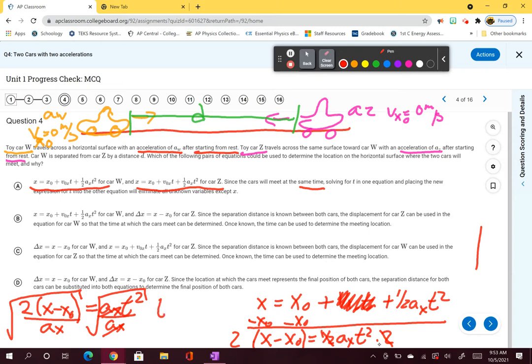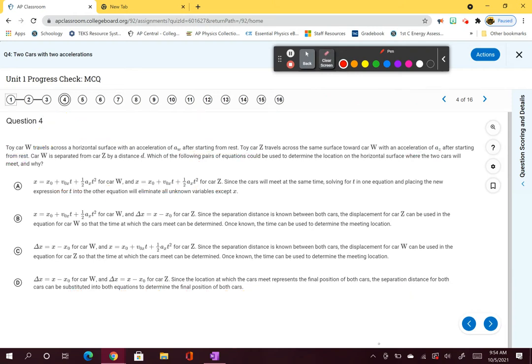That will leave us with t equaling the square root of 2 times (x minus x naught) divided by ax. And then once you take that, you would plug that in for t.